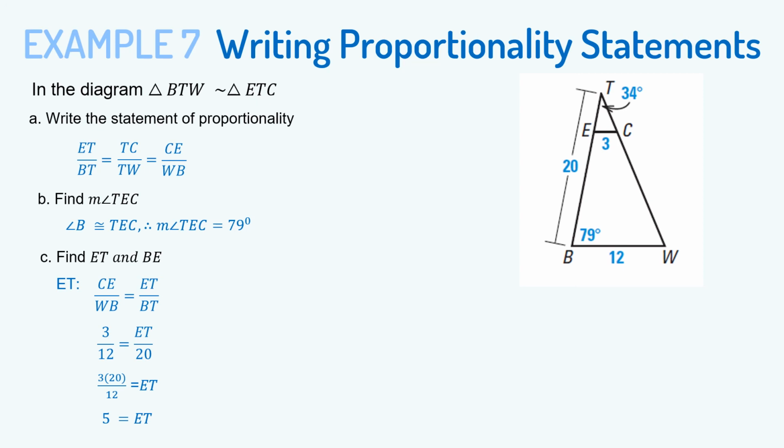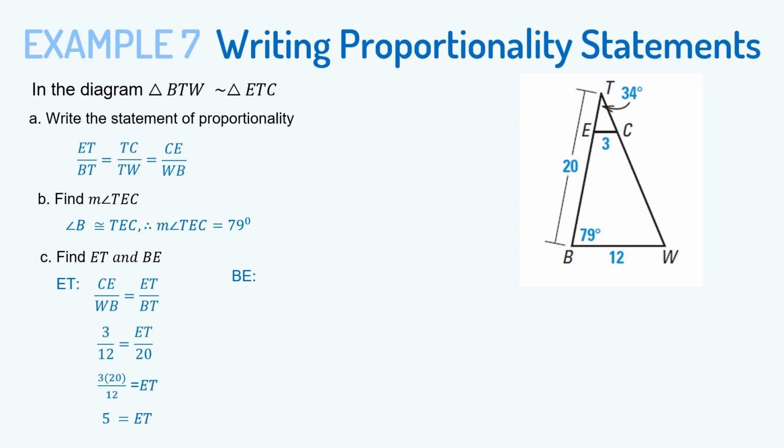And finally, to find the measure of BE, I notice that in one of the sides of this triangle, I look at BT, the length of that side. It is clearly indicated that it's 20, and we just found that ET is equal to 5 units.